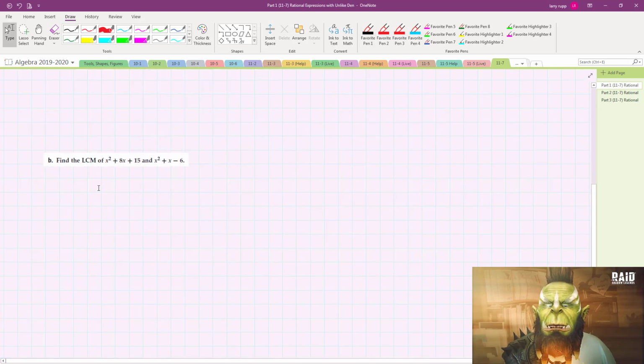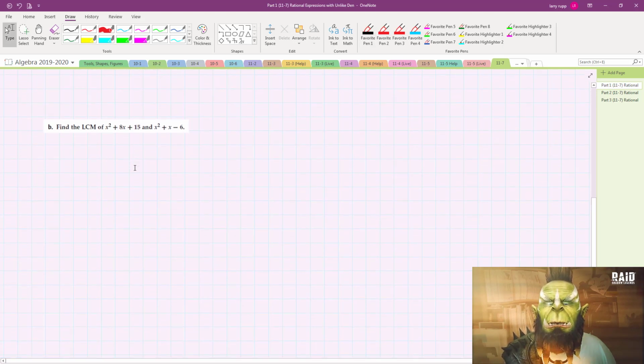Here is a little bit more complicated example. We're supposed to find the least common multiple of x squared plus 8x plus 15 and x squared plus x minus 6. And you're like, how in the world do we do this?